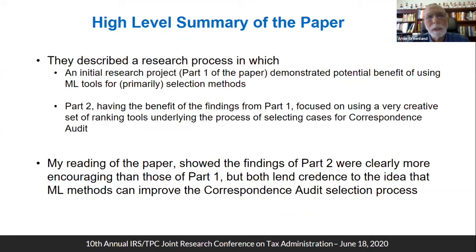And part two focused, in my reading, on some very creative ranking tools underlying the process of selecting the correspondent audits. I think both of them showed promise, but part two was particularly useful in my view, and I'll point out why I thought that.